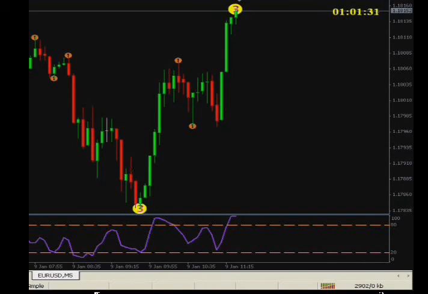Just kind of sitting there right now. A little more activity. And if you watch the stochastics line, this little piece down here, it's kind of bouncing up and down along with the price.